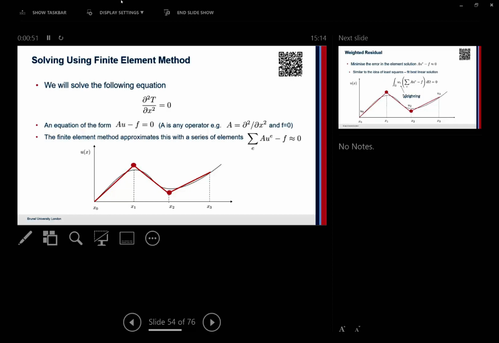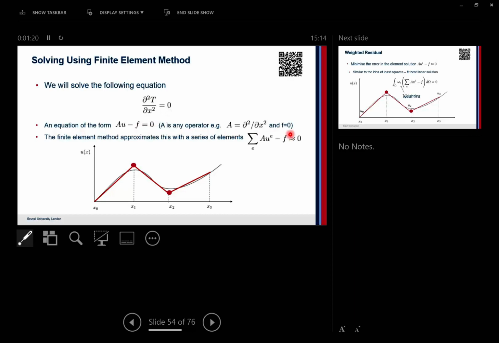So just to give you an idea of the typical terminology you normally see in the literature, they'll have the equation in the form AU minus F. So it's an A rather than a K that we used before. But essentially, this equation is of that form if A is d2 by dx squared, U is T, and F is equal to 0.